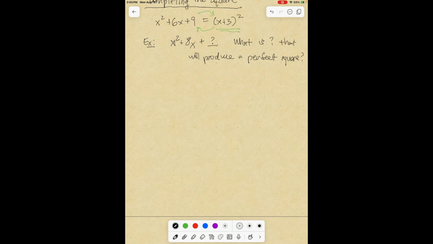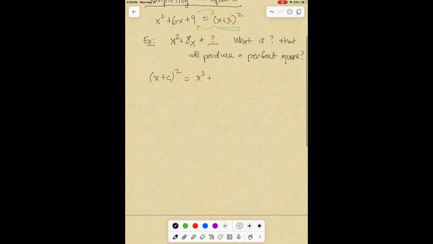And, well, we want to make it look like x plus a constant in parentheses squared. What do you get when you distribute x plus c in parentheses squared? It's x squared plus 2cx plus c squared. Right? Because you distribute the x plus c across.